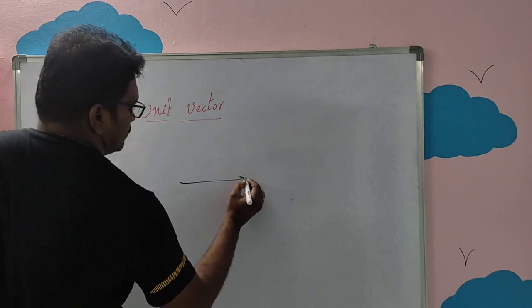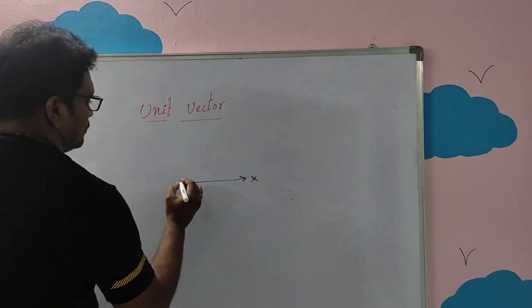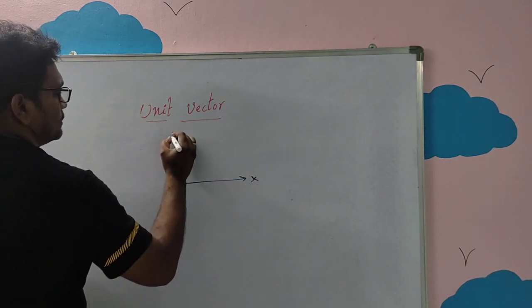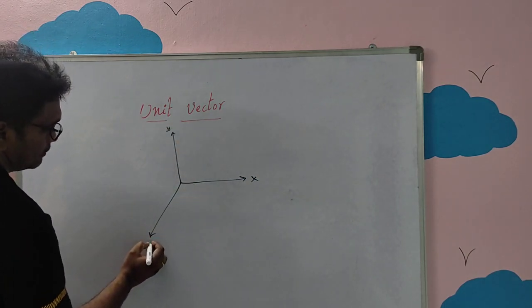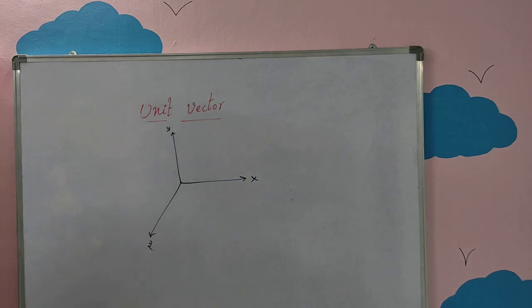Say this is the X axis, say this is the Y axis, and perpendicular to both we will take the Z axis. So, here we have a Cartesian coordinate system with X, Y, Z axes.